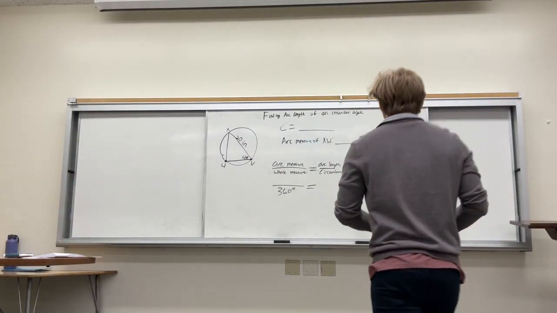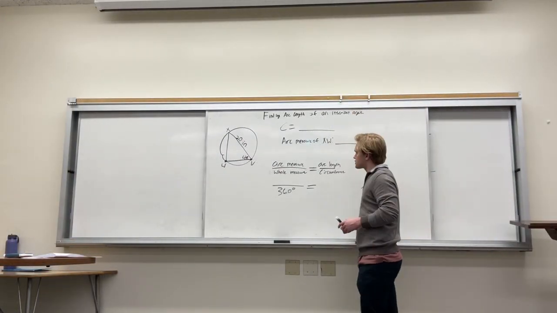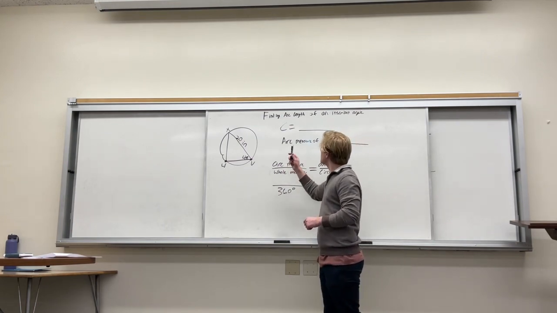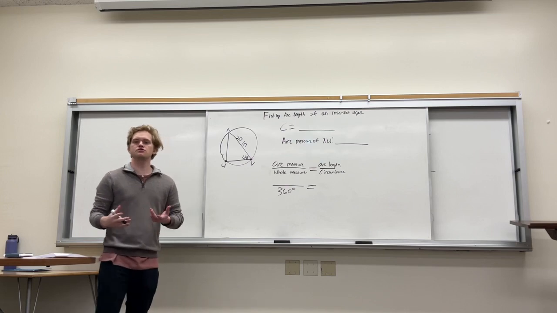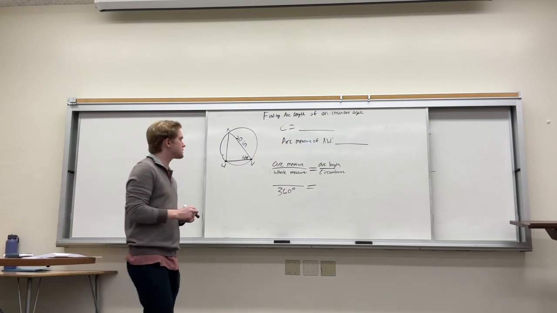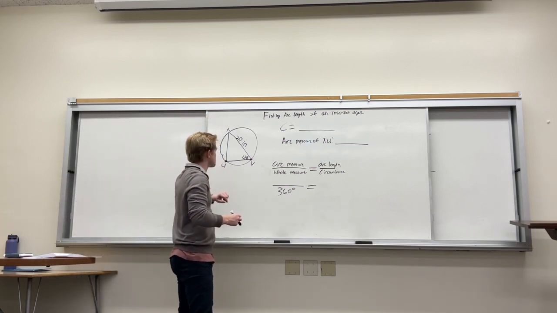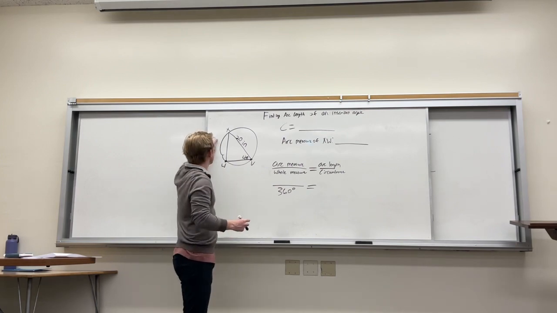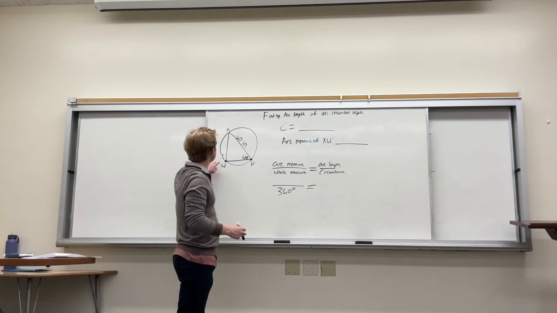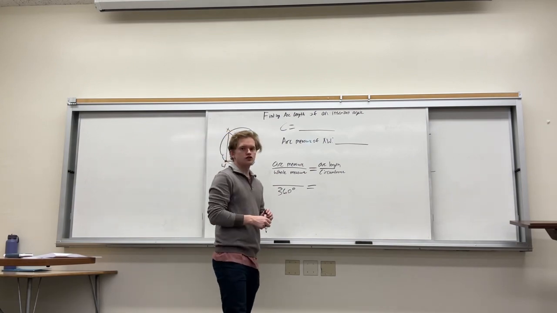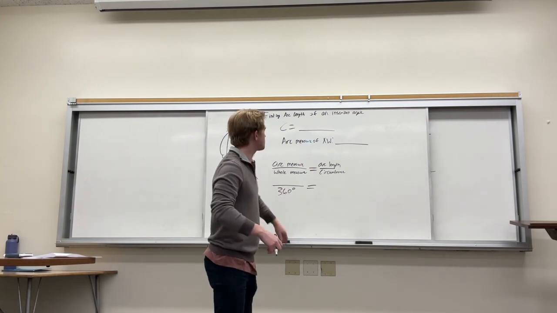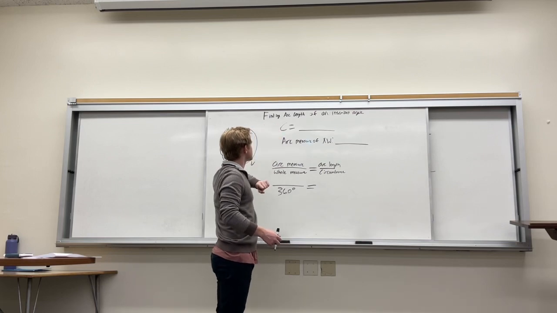Alright, so we've talked about inscribed angles now, and now we're going to use inscribed angles to find the arc measurement. So just like how we do with central angles, we can also use inscribed angles to be able to find the arc measurement, meaning the length of the arc. For this problem, we're going to be looking for the arc length of W to X. So just like when we're finding the central angle, we first need to find the circumference.